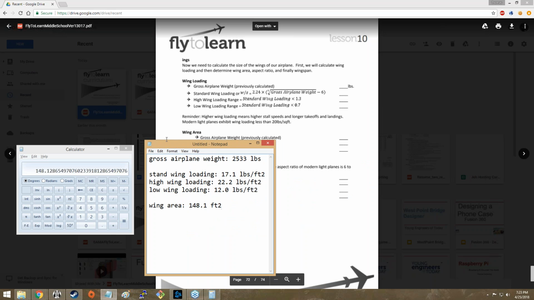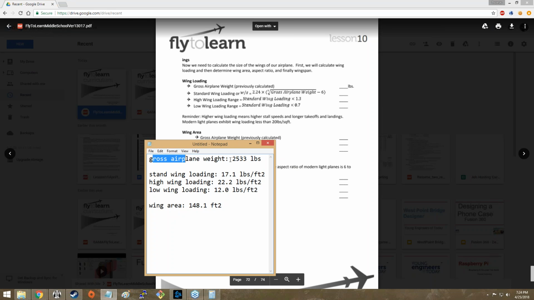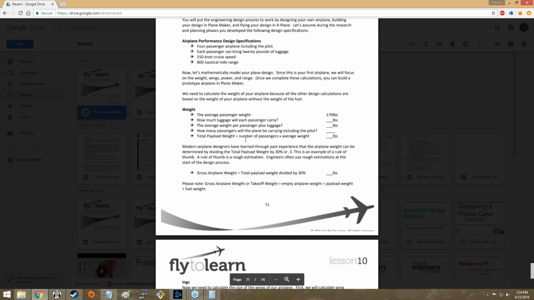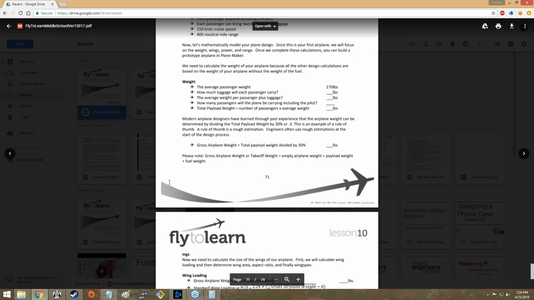But yeah, so what this is doing right now is giving us a total square footage of the wings. So how big we want the wings to be for standard wing loading. So now we have an airplane weight, which was given to us with the average passenger weight and all of the passengers and everything like that. And then we sort of roughly estimated the gross airplane weight from there.